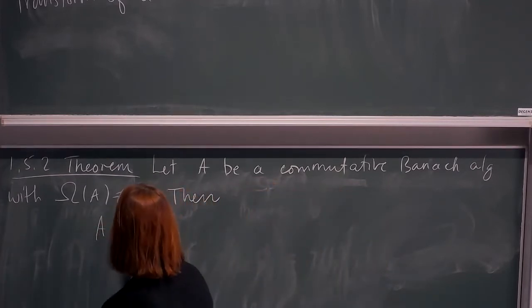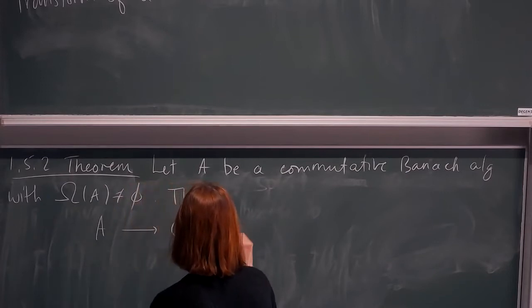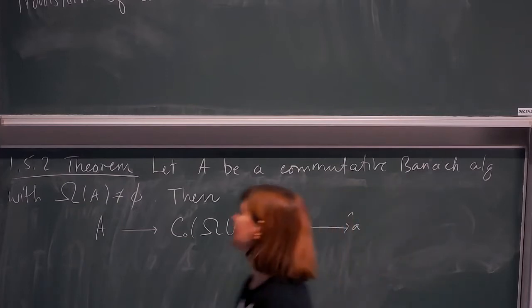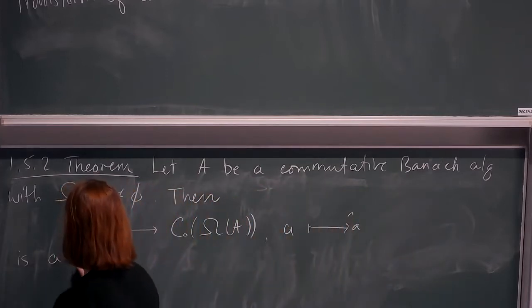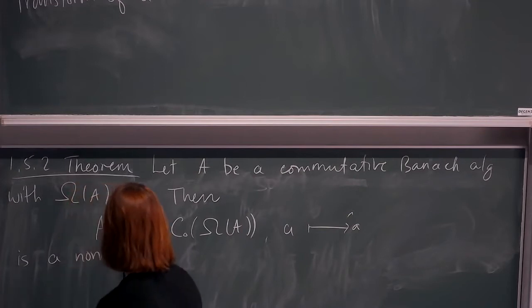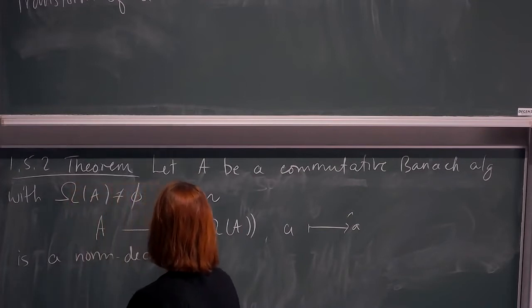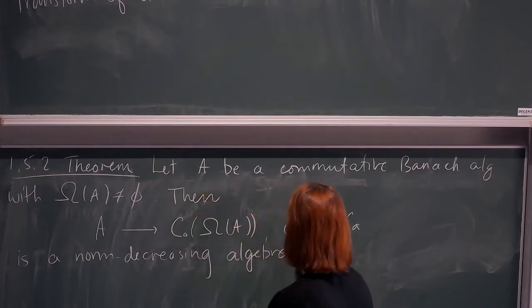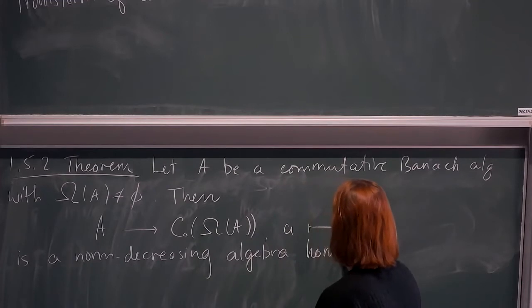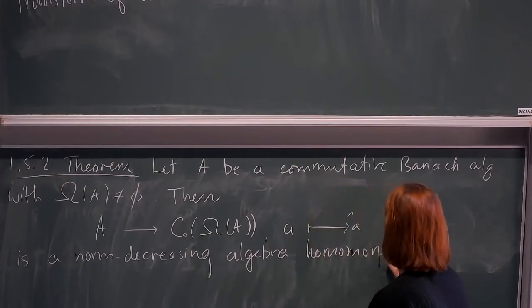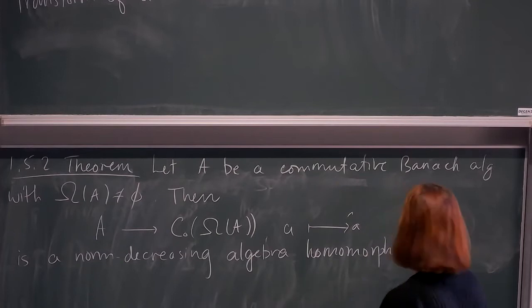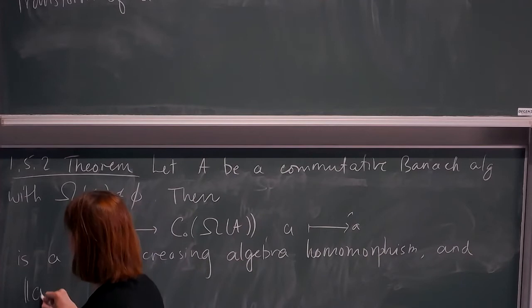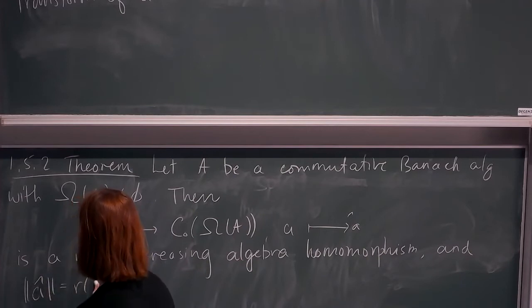Then the map from A to continuous functions on the character space, mapping a to a hat, is a norm decreasing algebra homomorphism. So in particular, it's a Banach algebra homomorphism. And the norm of a hat is actually just the spectral radius of a.